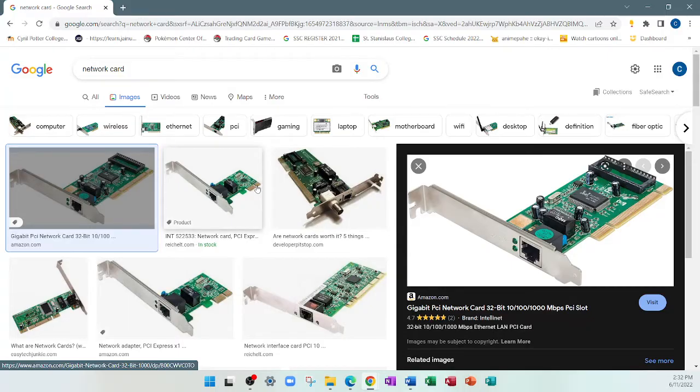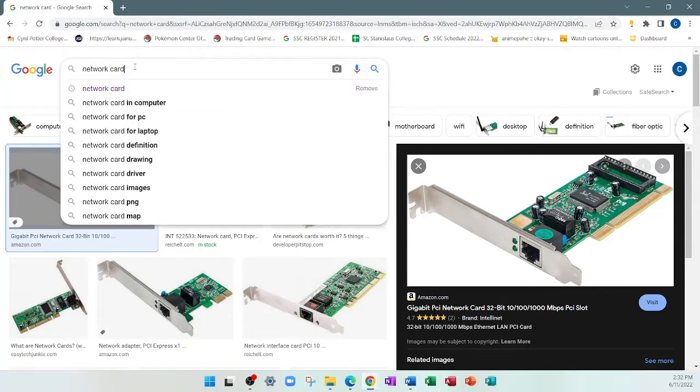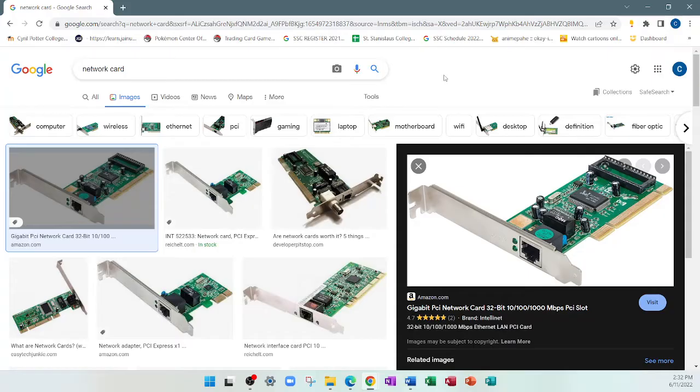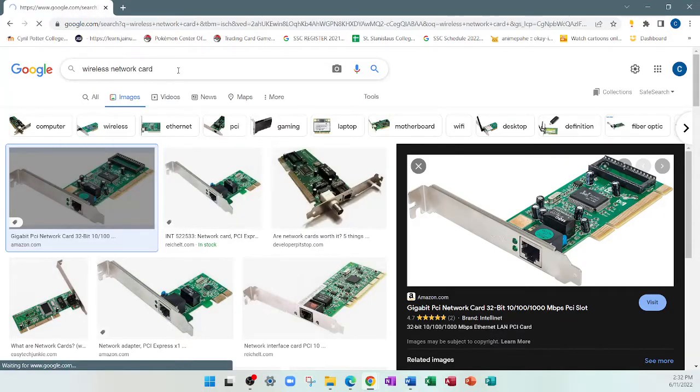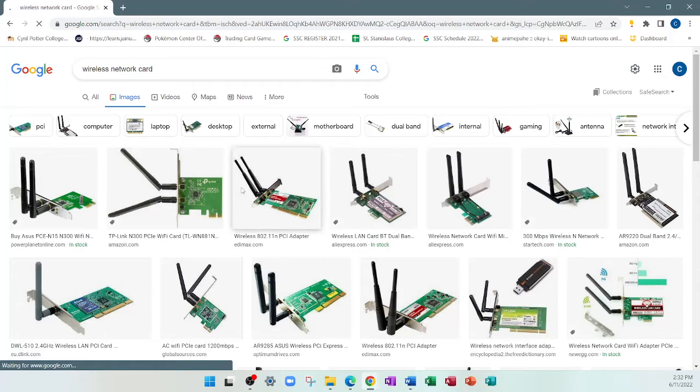But years ago, the card was not built onto the system. It was actually like an accessory. You had to buy the card and put it in order to get network access. Because in the past, the network was not yet growing, so it wasn't seen as a need to add it. But today, there is a need.